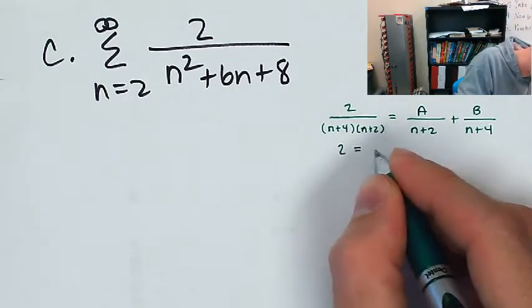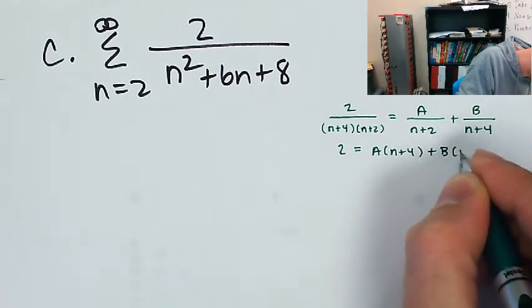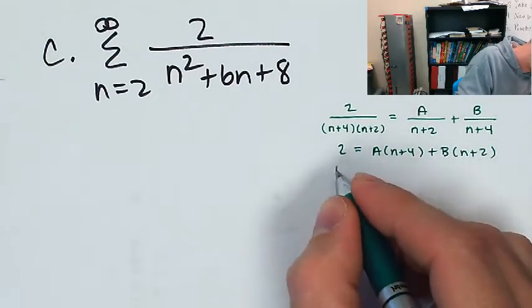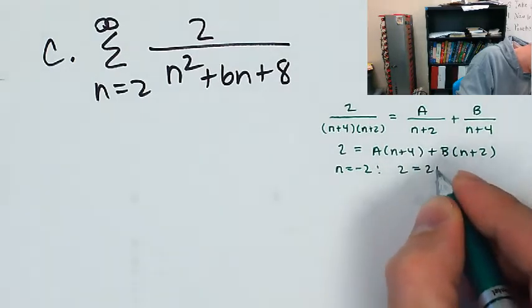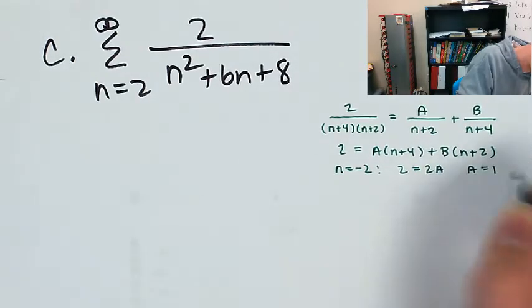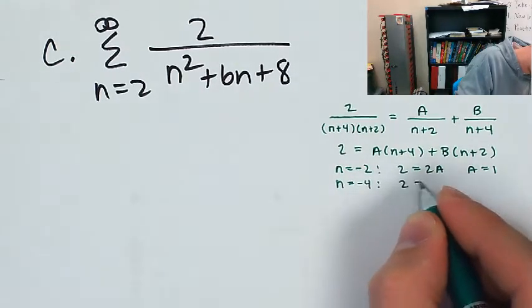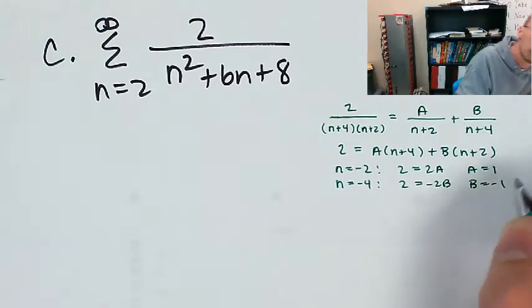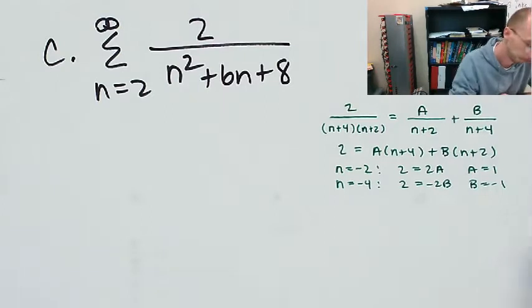I'm going to say, all right, 2 equals A times n plus 4 and B times n plus 2. If I let n equal -2, I'll get 2 equals 2A, so that feels like A equals 1. And if n is equal to -4, then I'll get 2 is equal to -2B. That means that B equals -1. If that positive and that negative, that's a pretty good sign.